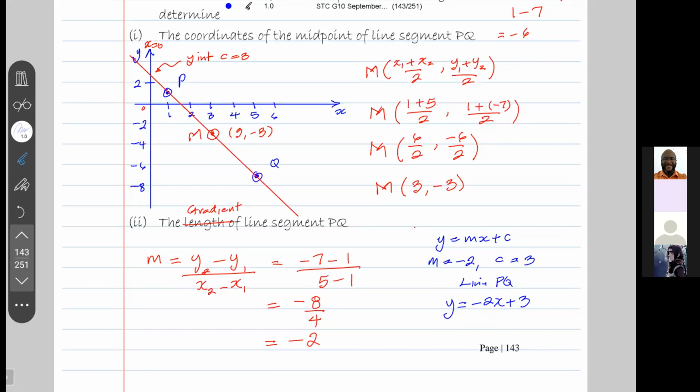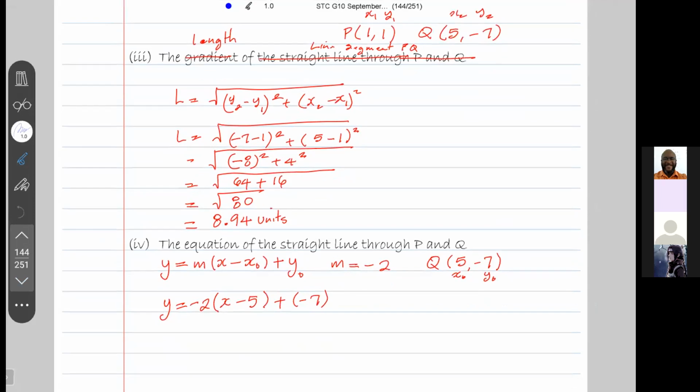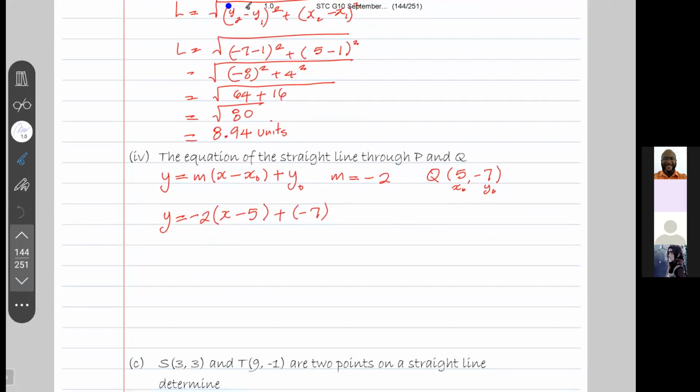All right, guys. So now, let us show you by calculation that this is true. This is the formula for calculating the equation of a straight line. Let's put the values in the formula. We did already, so let's work it out.